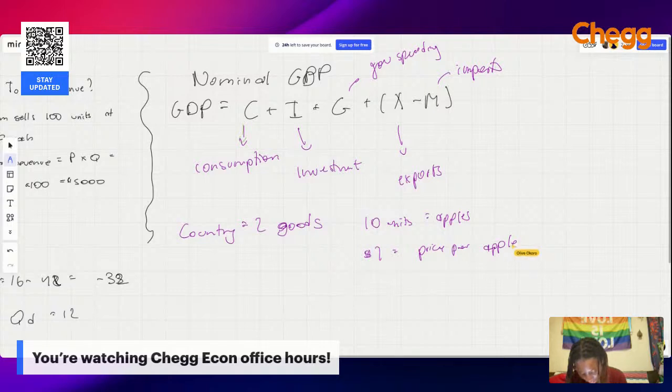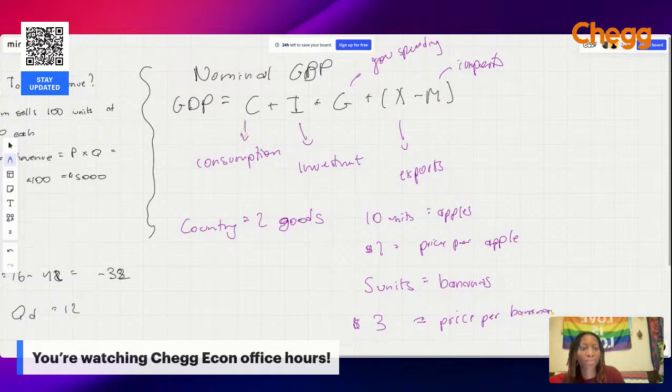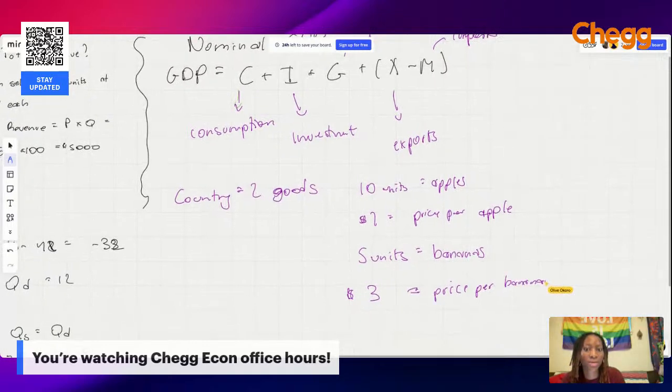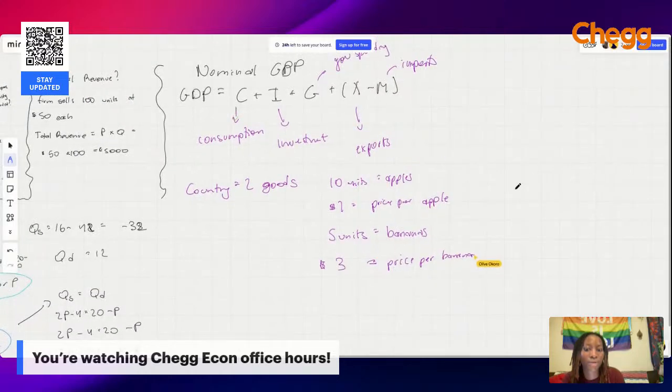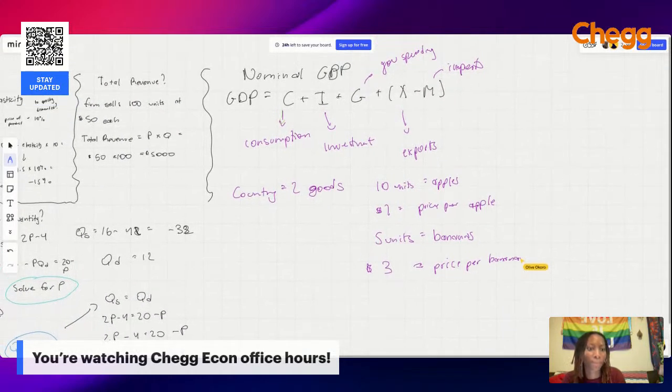Okay. And 5 units of bananas, and they're priced at $3 each, price per banana. Okay, I'm going to move this down for you guys a little bit so you can see everything I'm doing.